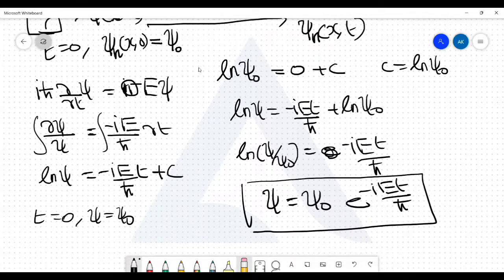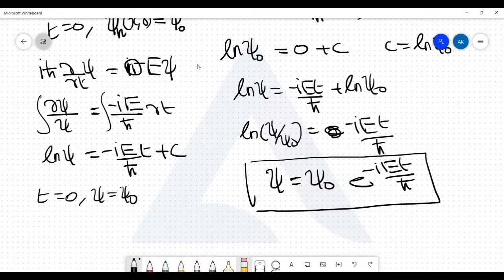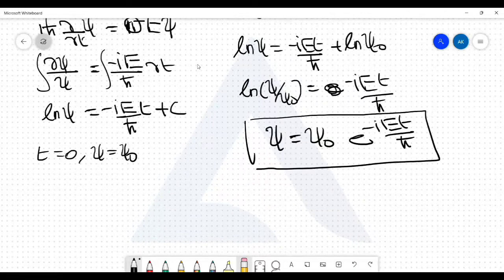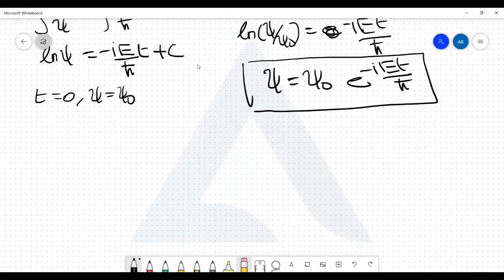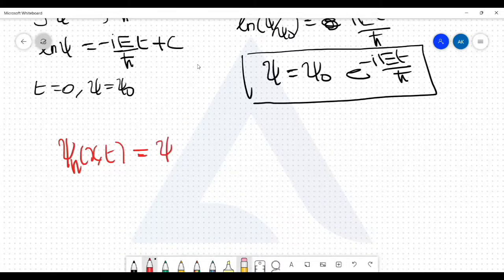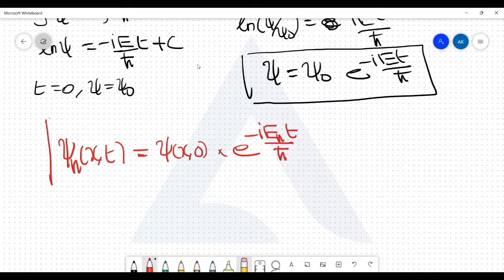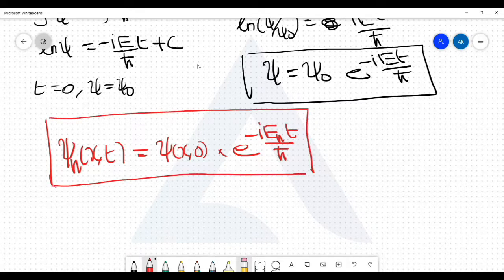In general, I could write the time evolution of the system psi n of x, t is simply psi n of x, naught into e raised to minus i E n t by h cross. So you have to learn this expression by heart. No need to by heart, this is simply a logical thing.